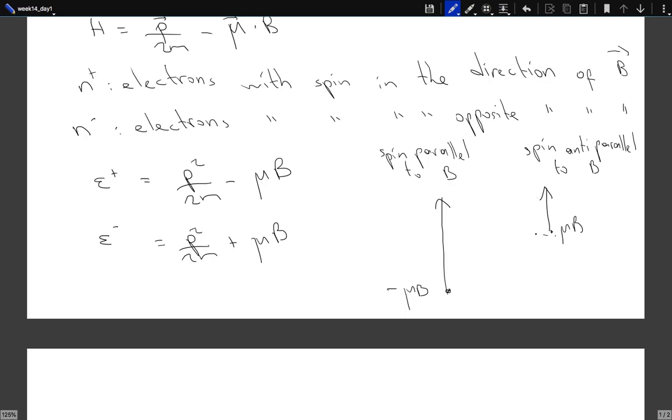So basically, since at T equal to 0 the system is in the ground state, if you add the electrons one by one to be in the ground state, you have to fill these states first. But that basically means that you have a net spin. The electrons have a net spin and hence a net magnetic moment. This is what's called the magnetization of the system.